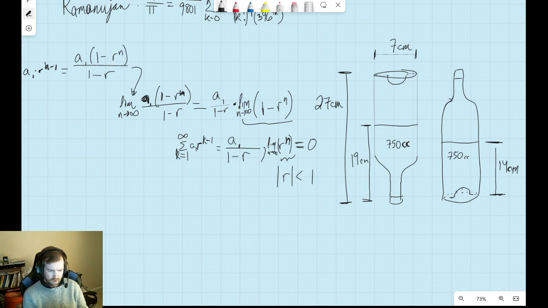Yeah, okay. I think the bottle is 750 cc's, not the amount that is left. Maybe.